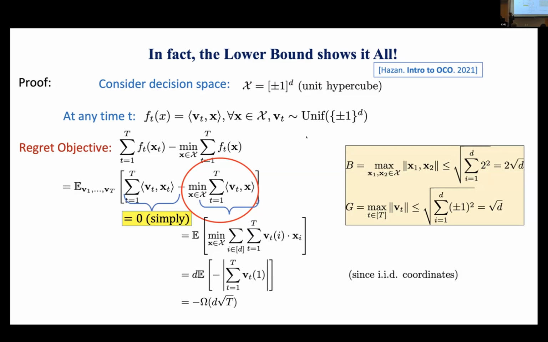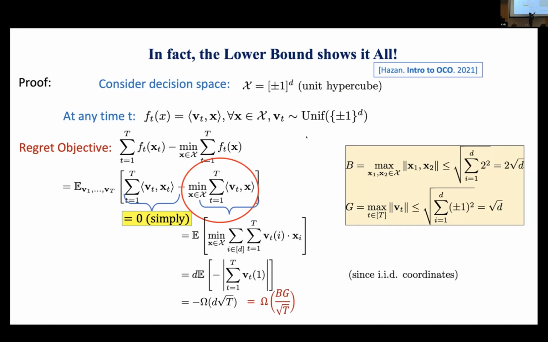So zero was our performance, and the performance of the optimizer was minus d square root t. So your incurred regret for any sequence of xt's is essentially d square root t. That gives us the d square root t regret guarantee.